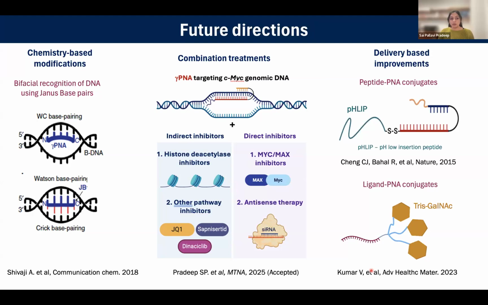The other thing which we have explored are combination treatments, where we have used the c-Myc anti-gene PNA with a host of direct and indirect inhibitors. And the third is we can always improve on the delivery, where we can use active targeted delivery to deliver these constructs to whichever organ or tumor which we would want to deliver it to.